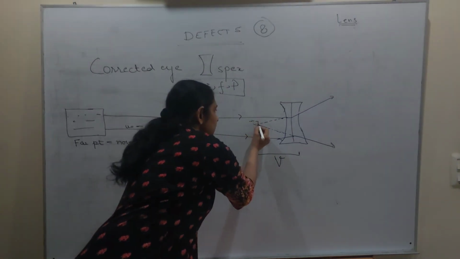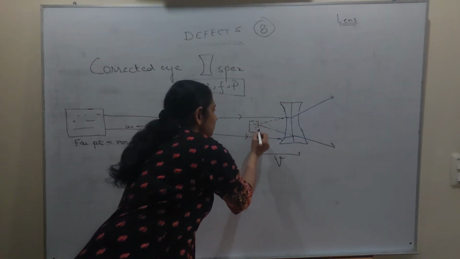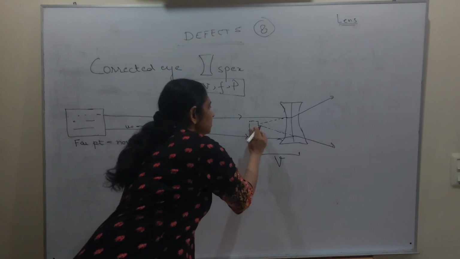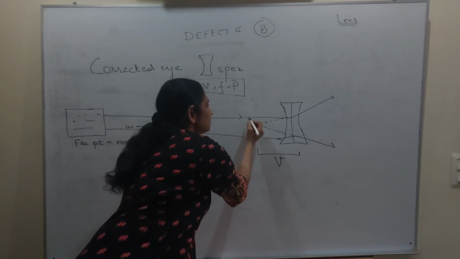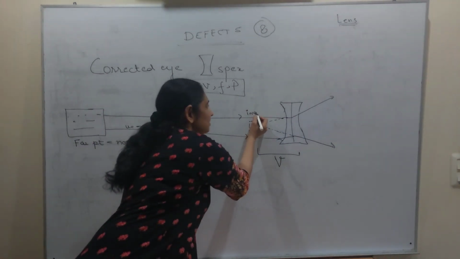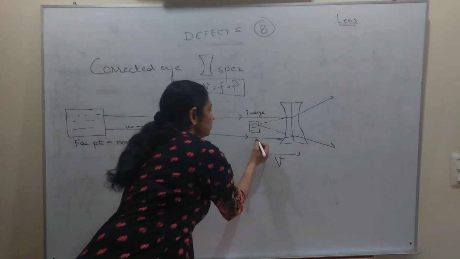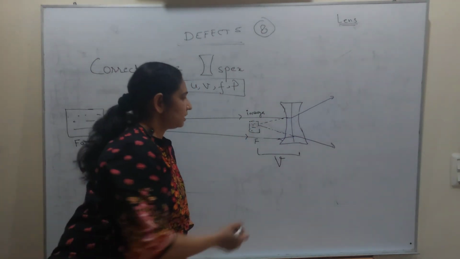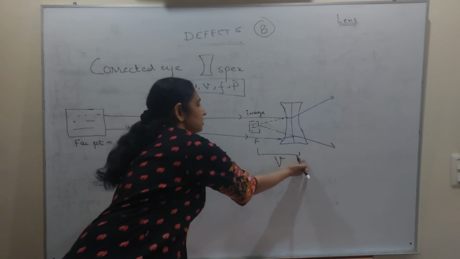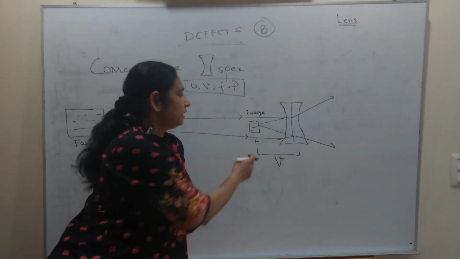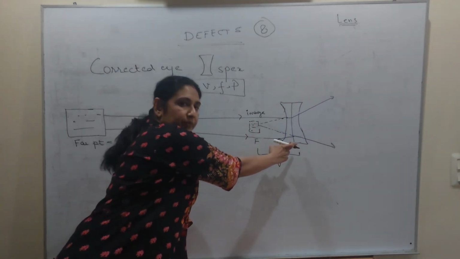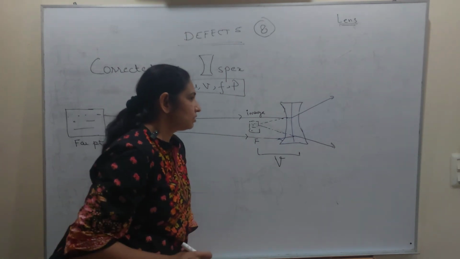So we will see the image of the blackboard here at the focus. Okay, so because the image is here, this becomes the v. v is the distance between the lens and the image.